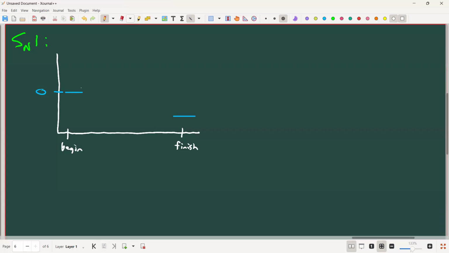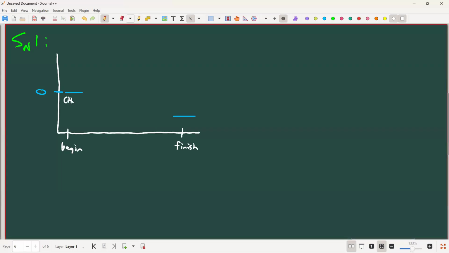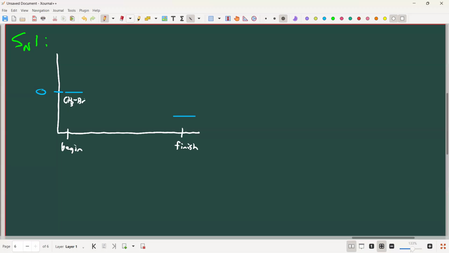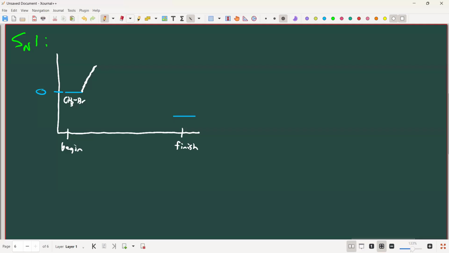Remember we start with CH3Br here. The first step is that the CH3 and the Br break into 2 ions. So of course the energy is going to increase, and then eventually you have some ion pair. There's some energy to break it, and then the ion pair stays.